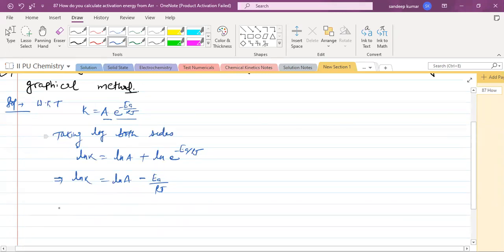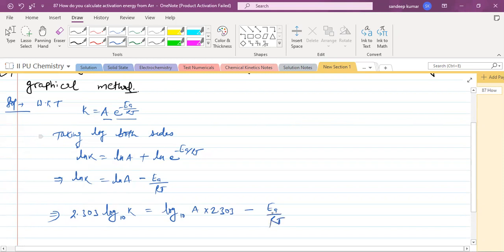So write 2.303 log k to the base 10 is equal to 2.303 log A to the base 10 minus Ea upon RT.